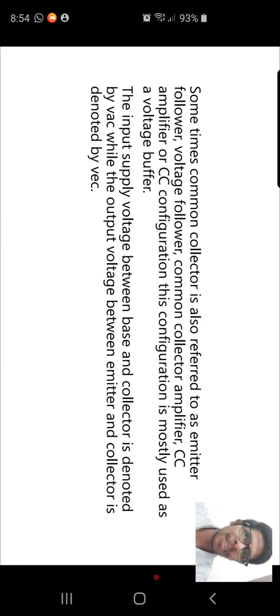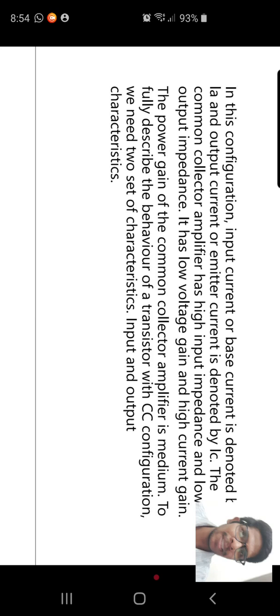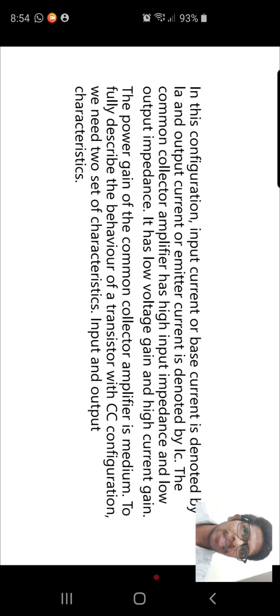Sometimes common collector configuration is referred to as emitter follower or voltage follower. The CC configuration is mostly used as a voltage buffer. In this configuration, the supply voltage between base and collector is denoted by VBC, the output voltage between emitter and collector is denoted by VEC, the input current is denoted by IB, and the output current, the emitter current, is denoted by IE.